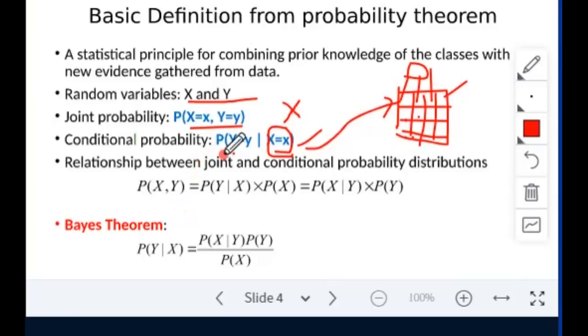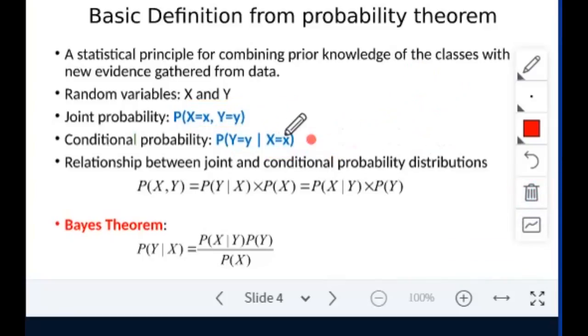For example, the conditional probability P of Y equal to y given X equal to x refers to the probability that the variable Y will take on the value y given that the variable X is observed to have a value x.